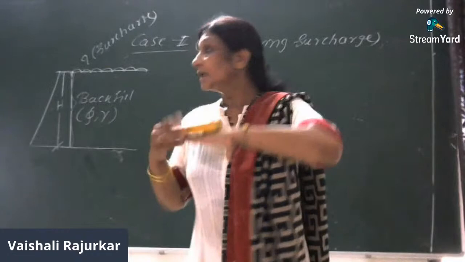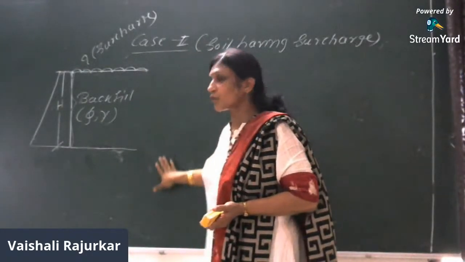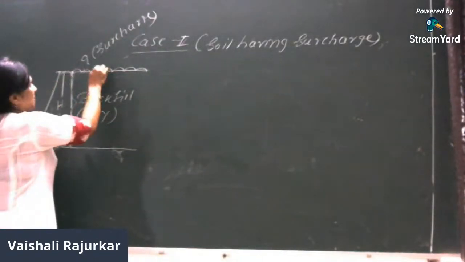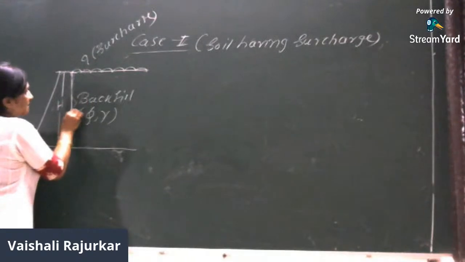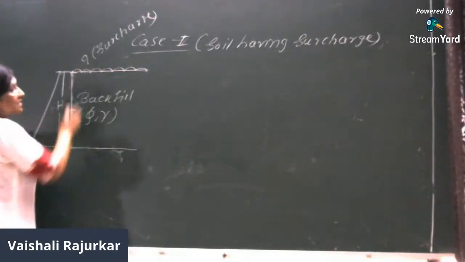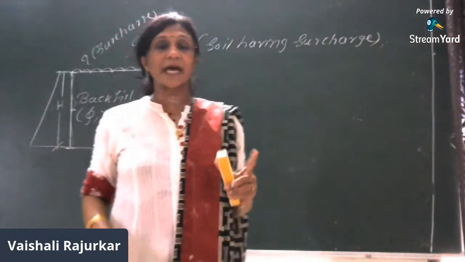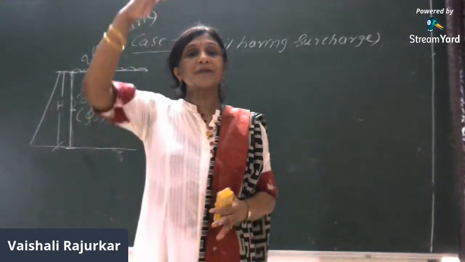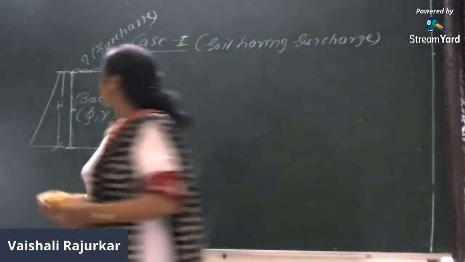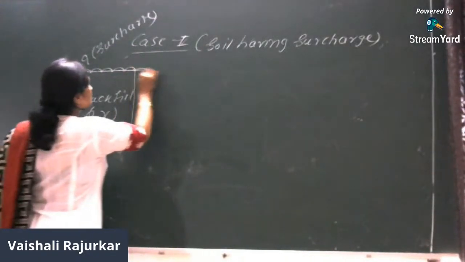Therefore, the pressure due to this surcharge will be the same throughout, and the pressure distribution due to surcharge is rectangular because it will act uniformly throughout the body, right? And therefore the first pressure distribution is a rectangular pressure distribution.